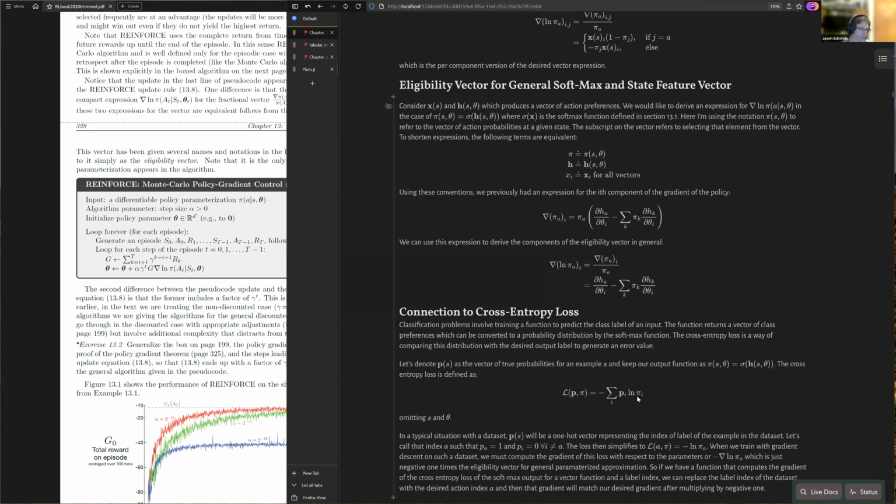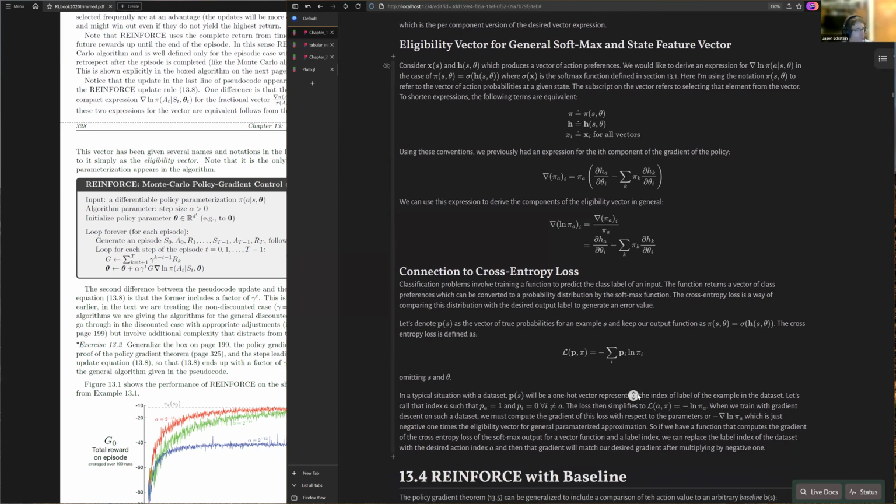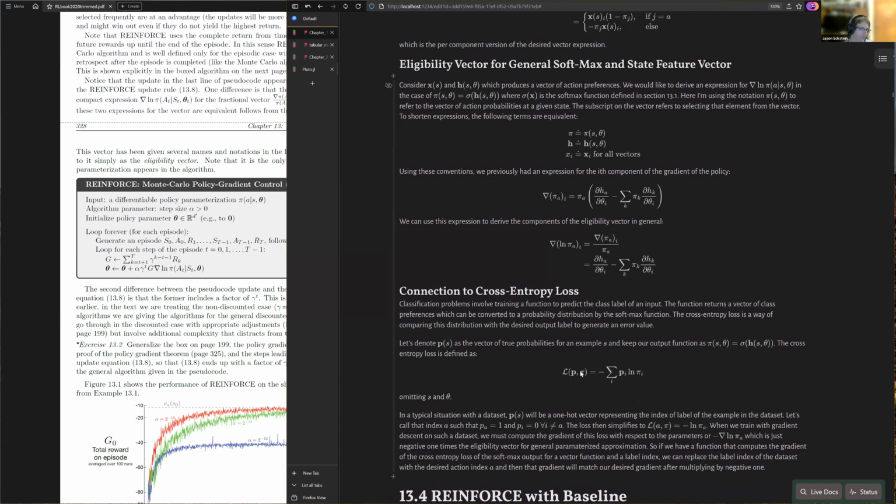Now, this is the expression for the cross entropy loss between two distributions. So here, P is the desired distribution, and pi is the distribution that our function is putting out. And the cross entropy loss is just this negative sum of the desired probabilities and the natural log of the function output probabilities. Now, for most problems like this, the desired probability is just a one-hot vector of the class label.